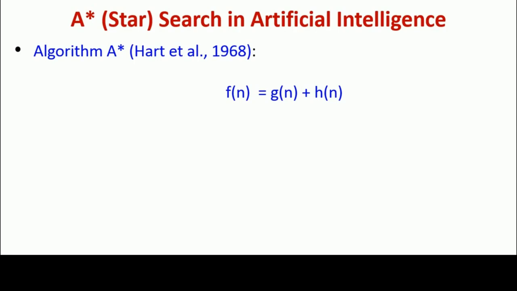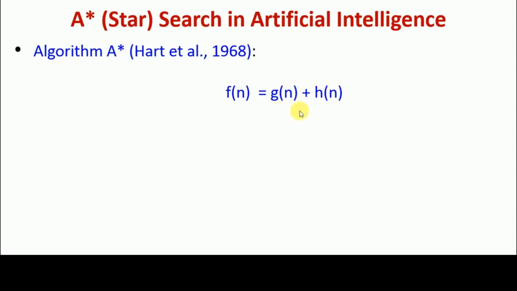But in A-star search algorithm, we use this particular equation which contains 2 components, that is g of n and h of n. G of n is the distance between the initial node and the node n, and h of n is the heuristic value, that is nothing but the estimated value from n node till the goal node.